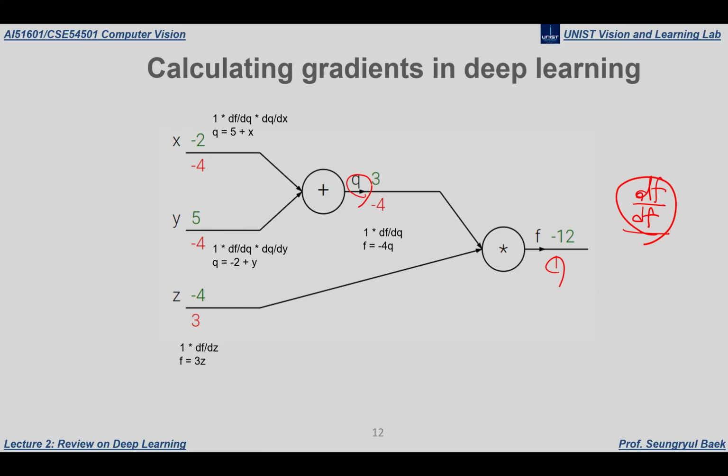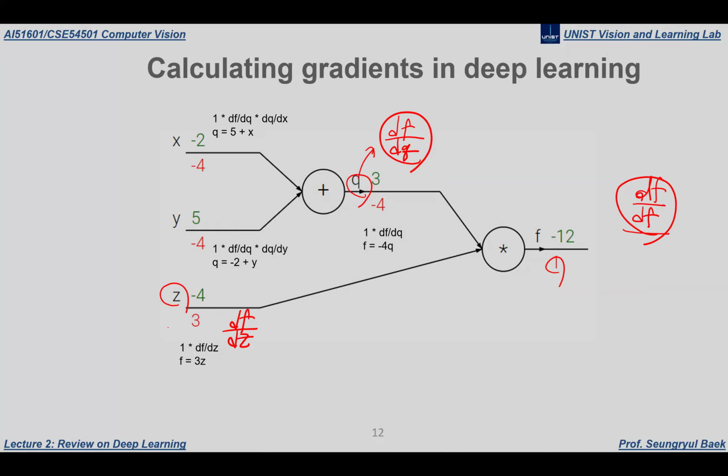And also here, what should be located is the differentiation of the final node f with respect to node q. And we also have to calculate the differentiation of the final node with respect to node z.